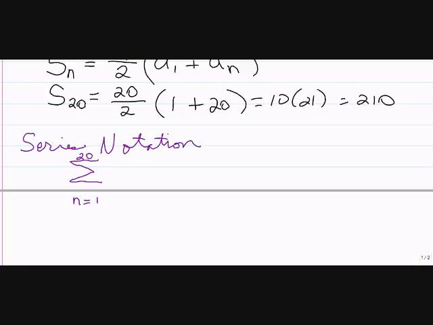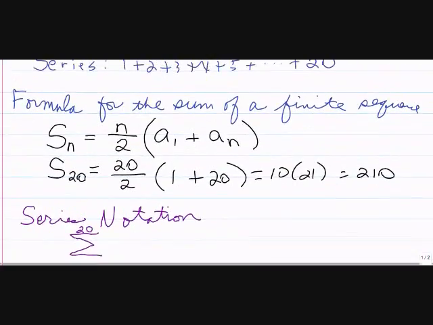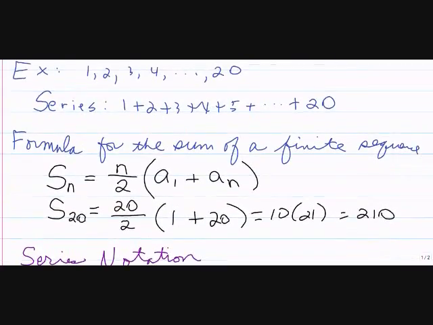And then my sequence, what's the formula for this sequence? 1, 2, 3, 4. A sub n equals a sub 1 times n minus 1 times my common difference, which is 1.